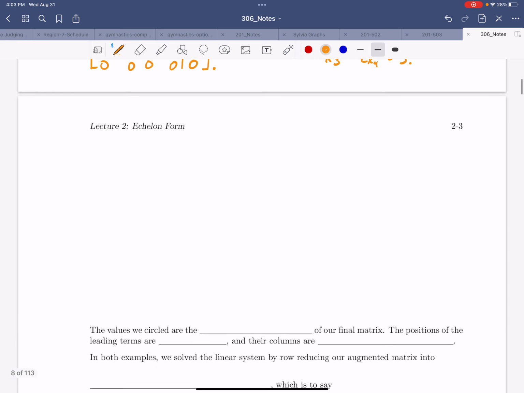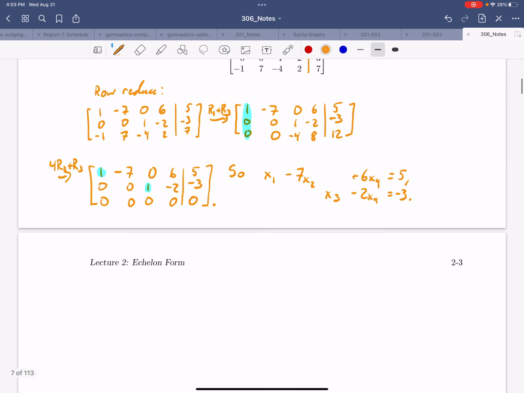Okay? So in this situation, we can solve for x1 and x3 in terms of x2 and x4, right?